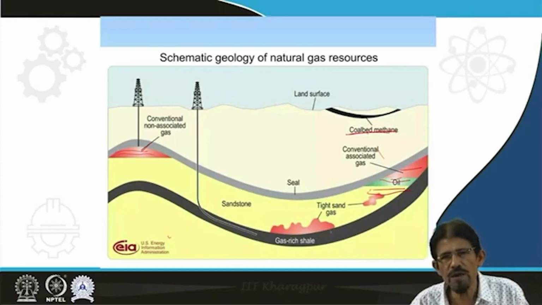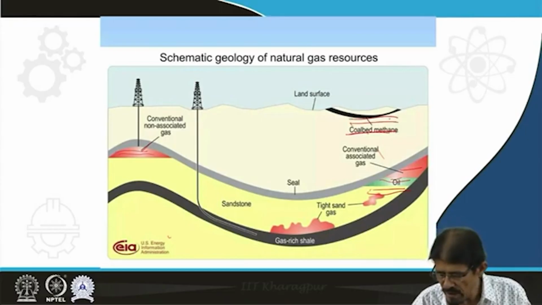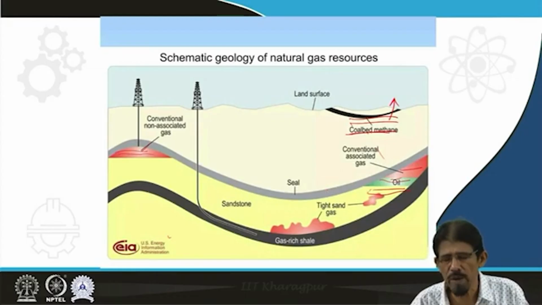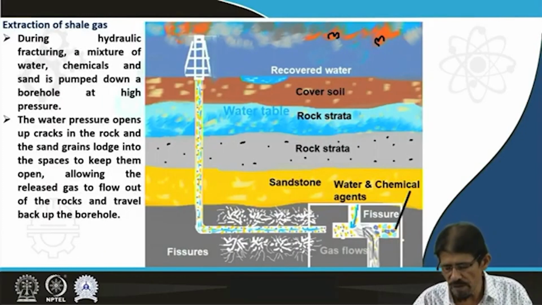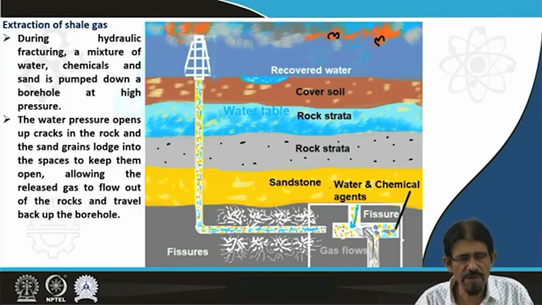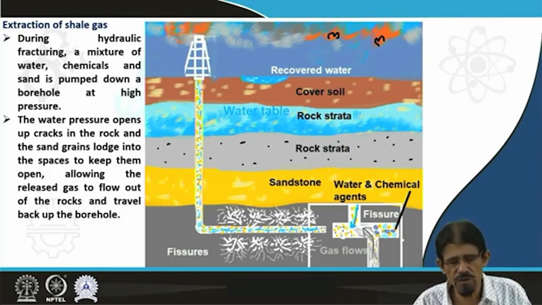We have already discussed coal bed methane, and the overlying shale we can also utilize, which was earlier recognized as waste material or road metal, and can be utilized as a source of energy. This cartoon represents one view regarding the availability of shale gas and the way in which we are going to extract it.